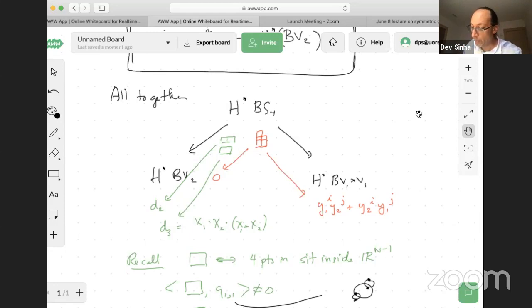And so what this ultimately implies is that this must map to D3, because it's non-zero, the map's injective, and it has no place else that it can go.